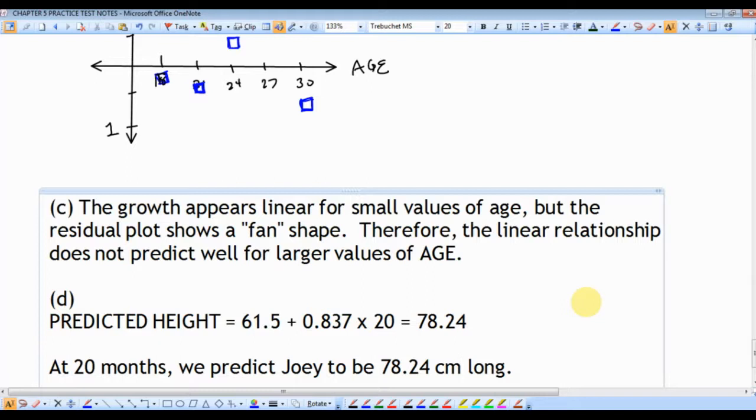R squared tells you what percent better a 2-variable prediction is over the 1-variable prediction. In other words, if I know an explanatory variable, how does that improve my prediction over just figuring out the average?